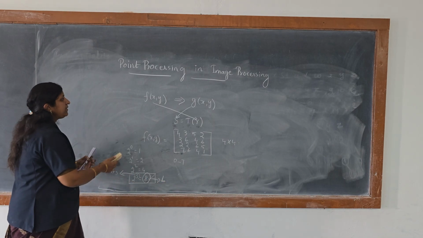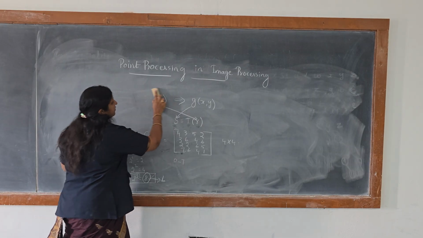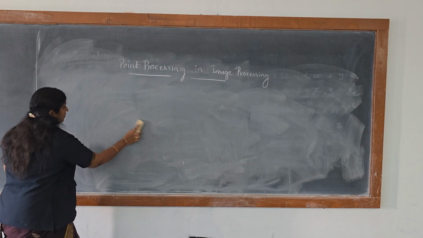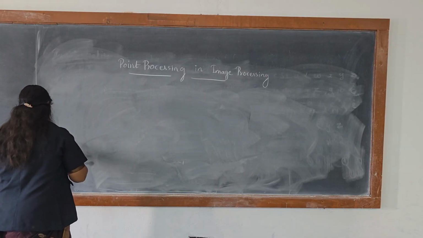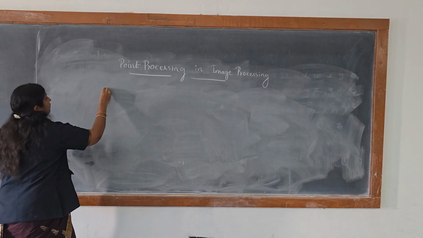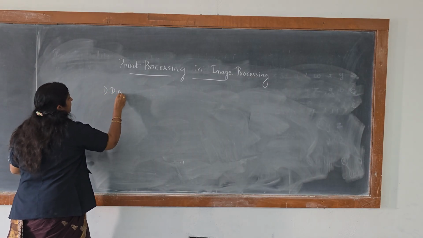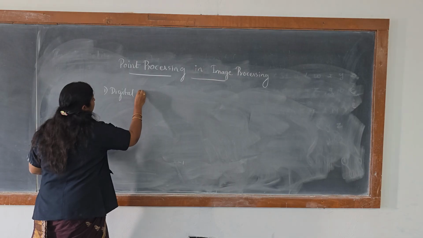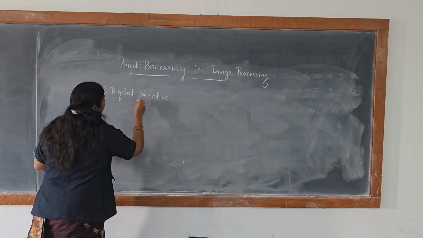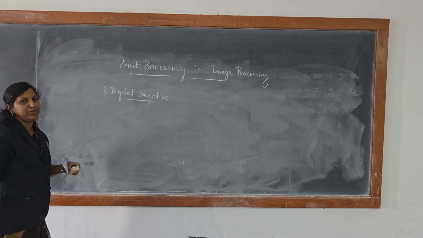Now we can see the types of point processing. First one is digital negative.